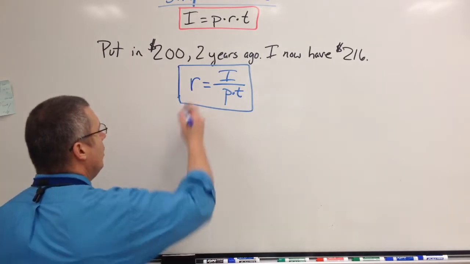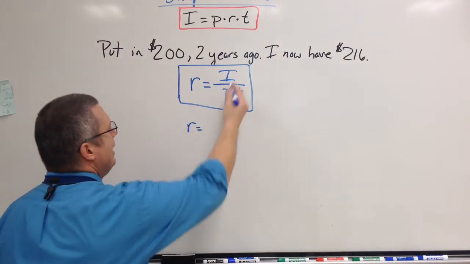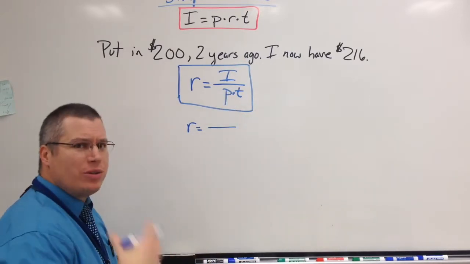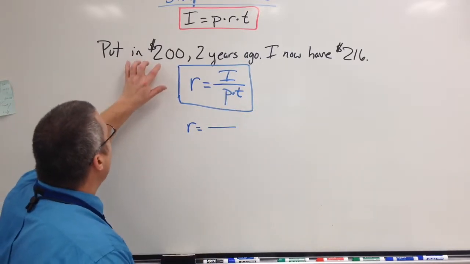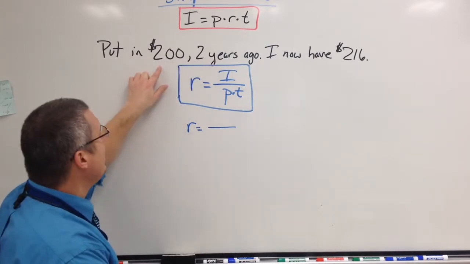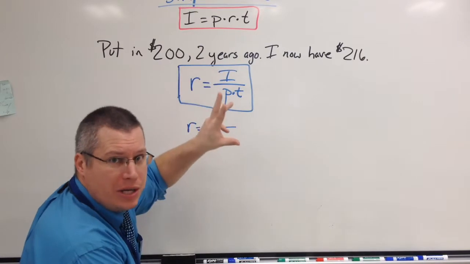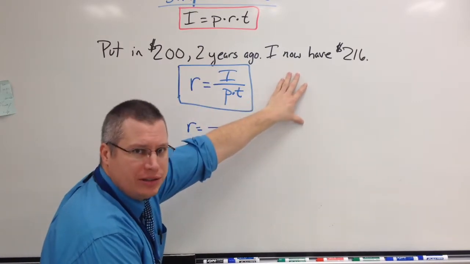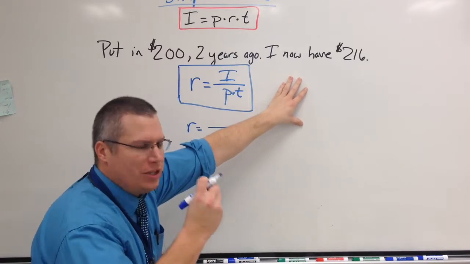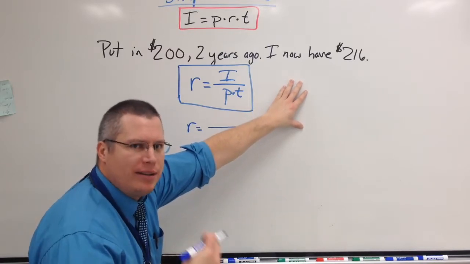So here we go. What is my rate? Rate equals interest. So let's figure out what my interest is first. Remember, interest was that extra money. I put $200 in the bank 2 years ago, so that was my starting amount. After 2 years, I now have $216. So ask yourself, interest, which is extra money, how much extra money did I earn?